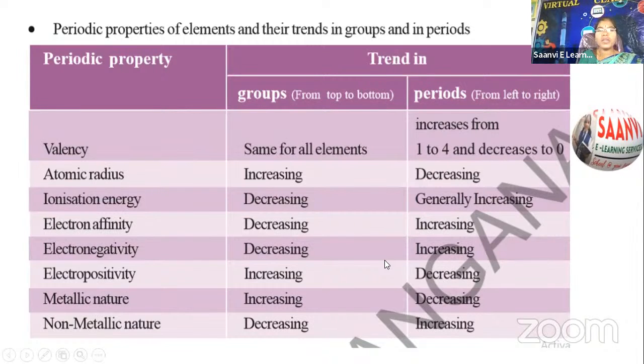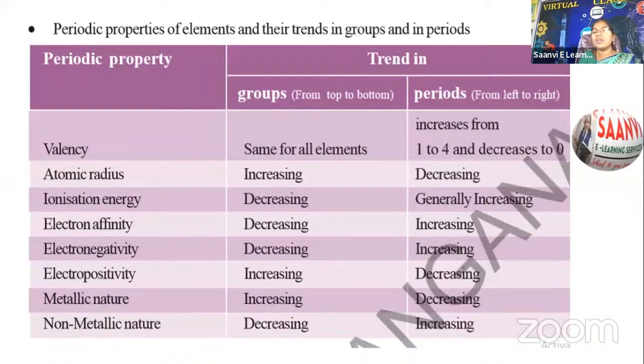This atomic radius in the groups increases from top to bottom. Why? Because the shells increase in the groups: 1, 2, 3, 4 shells, like that. In the periods, it decreases.